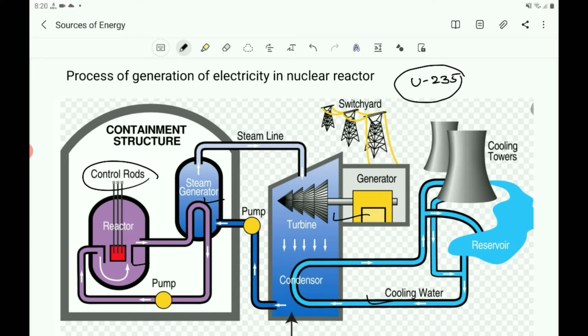In a fission reaction, 3 neutrons are emitted. Initially, to start the nuclear fission, only 1 neutron is enough.